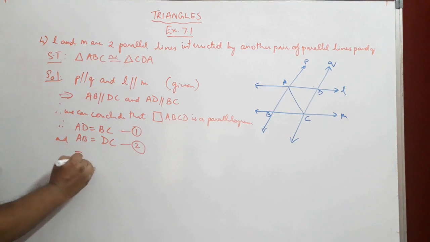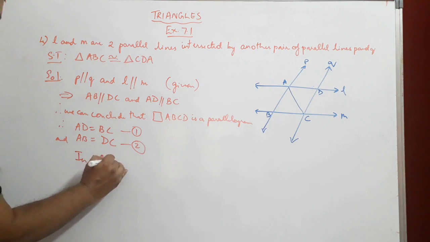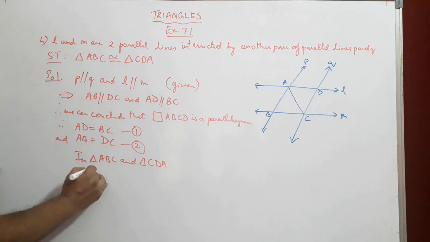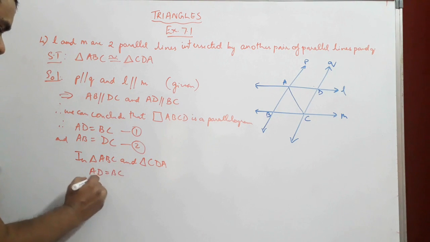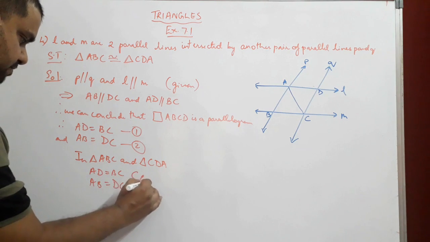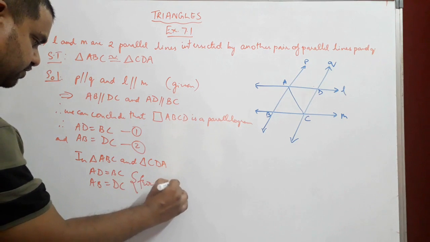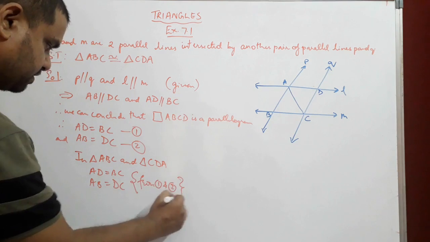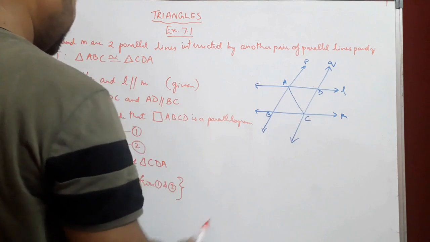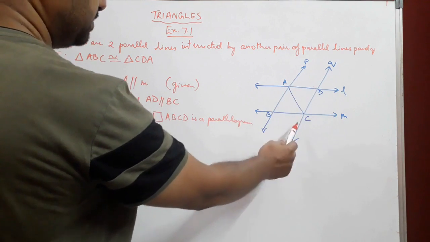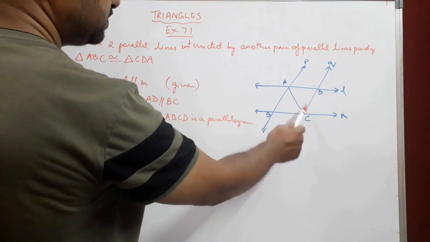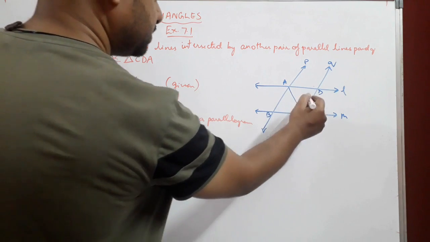So in triangle ABC and triangle CDA, we can say AD is equal to BC and AB is equal to DC, from 1 and 2. See, AD is part of triangle CDA and BC is part of triangle ABC. Similarly, AB is part of triangle ABC, and DC is part of triangle CDA. So we've got the sides equal.